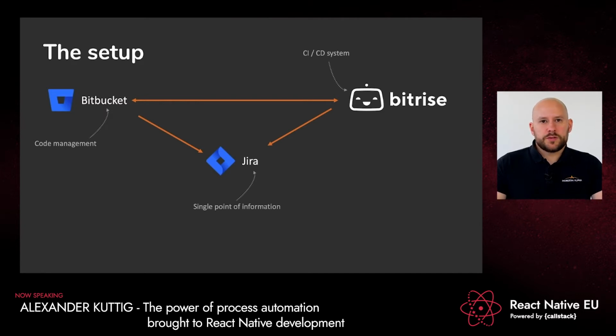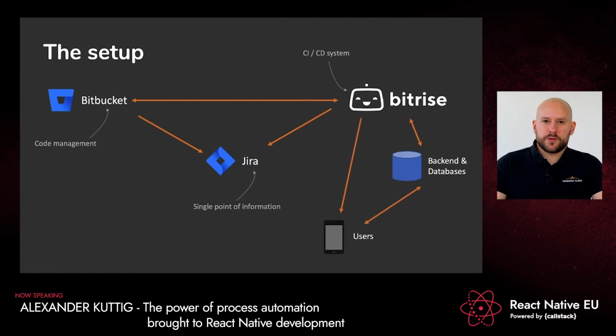From there, we do fetch some configurations from our backend and bundle the release and deploy the release to the store. From there, the users download the app, and then the last of the 4 parts of our setup comes into play, the stability monitoring or bug tracking system.